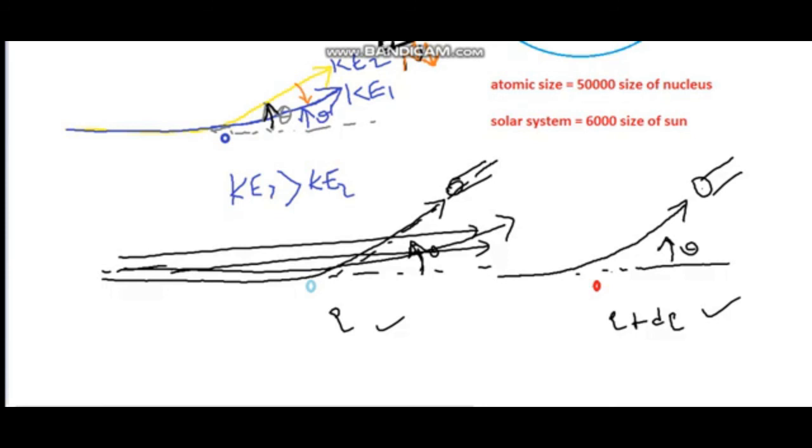In this case you have a field like this, but when you have more charge you will have more field here. So more alpha particles will be impacted, and they can be scattered into that particular angle when you increase the charge.